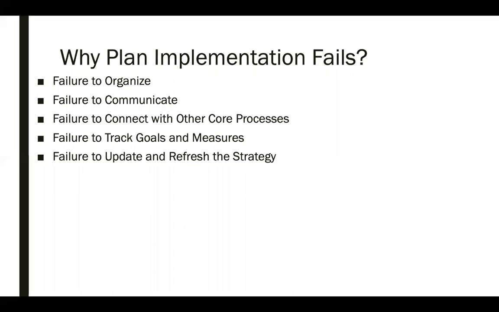Also, why does plan implementation fail? Failure to organize, failure to communicate, failure to connect with other core processes inside the organization, failure to track goals and measures, failure to update and refresh the strategy. All of these will make your implementation fail.